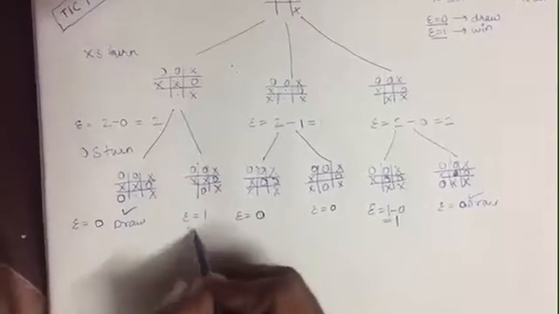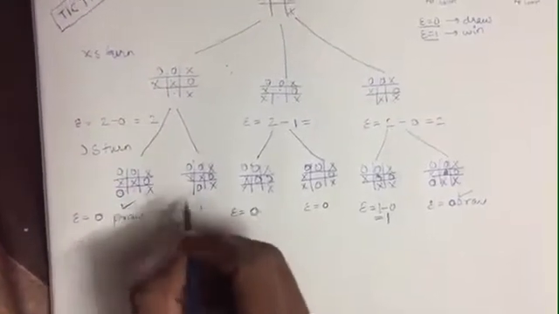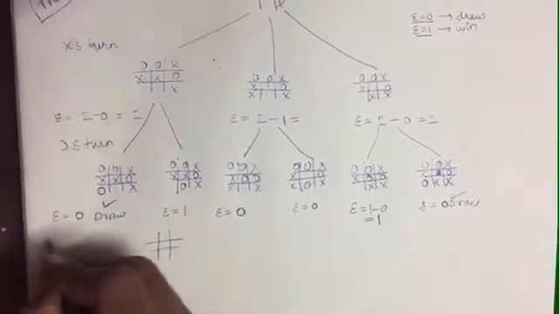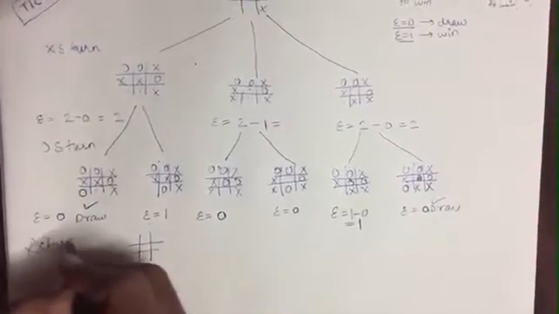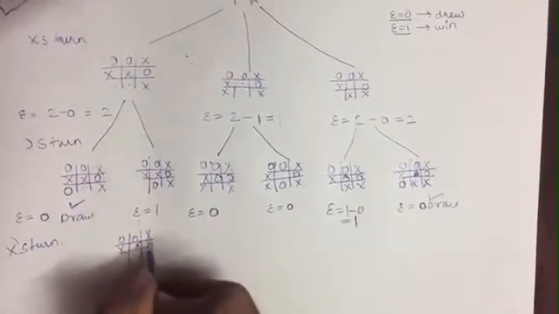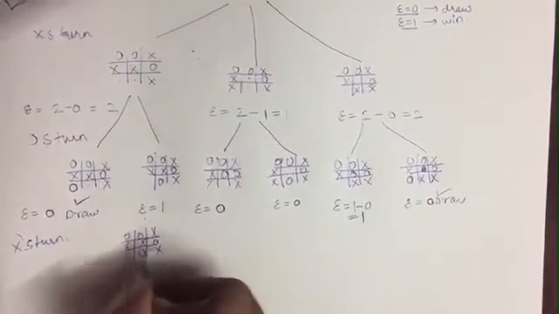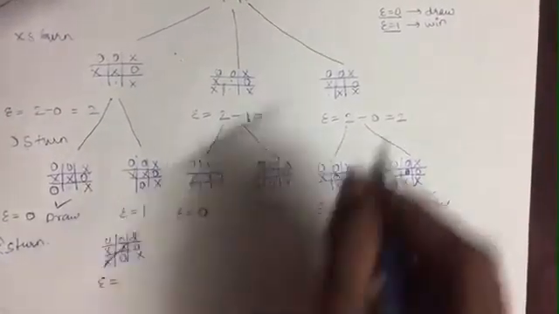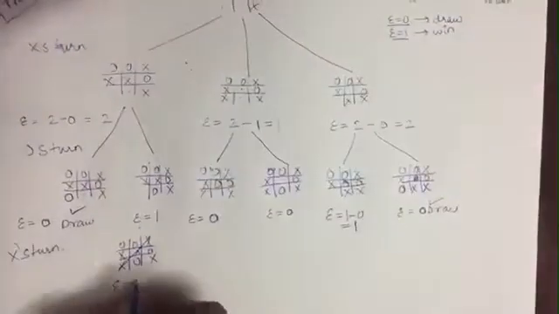Now explore this one again. So you can keep, now it is X's turn. So in this, if you keep X over here, you will win. So here E will be equal to 1, win.